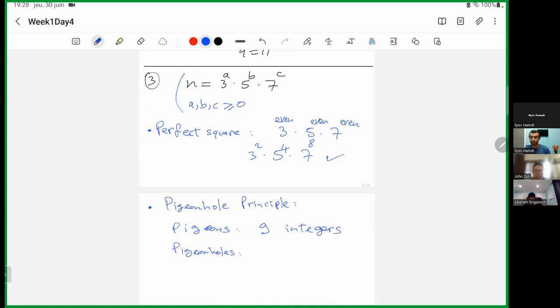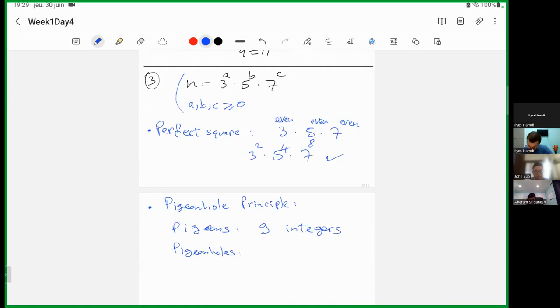So the prime numbers, yeah. What does this mean? Every one of those 9 integers is written in the form 3 to the a, 5 to the b, and 7 to the c, as we said, right? And I'm looking for 2 of them which would multiply to something nice. Basically, that's the idea. So I will be looking at the exponents of the prime factors, right?